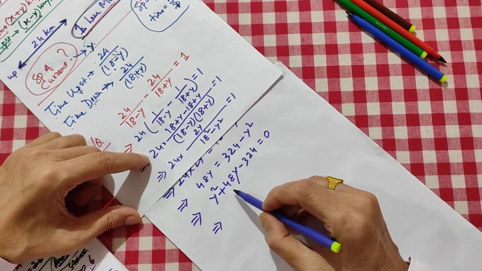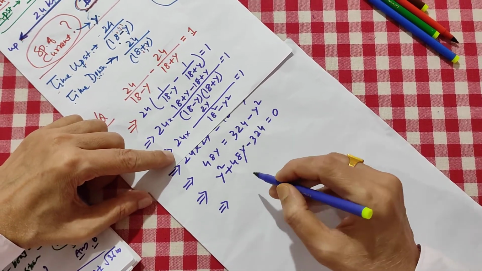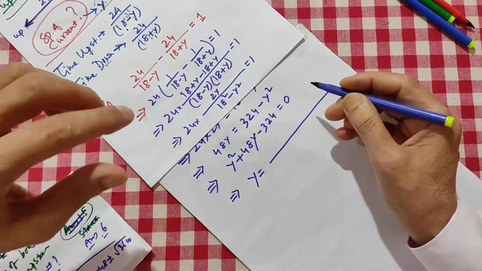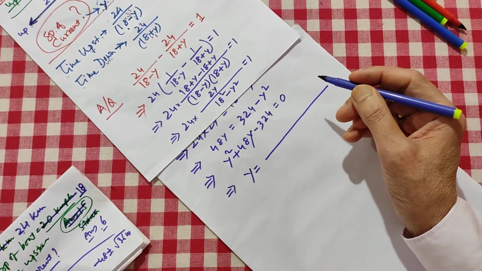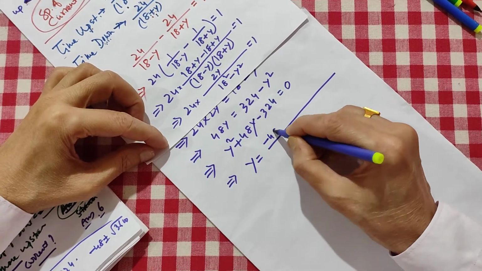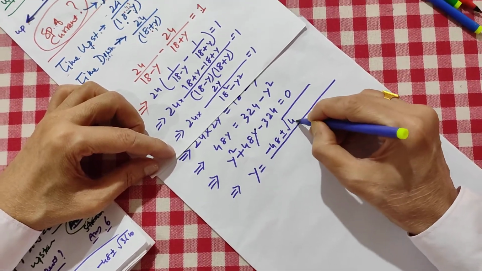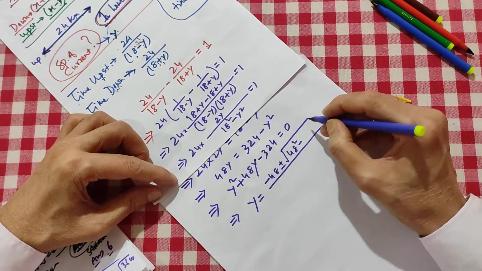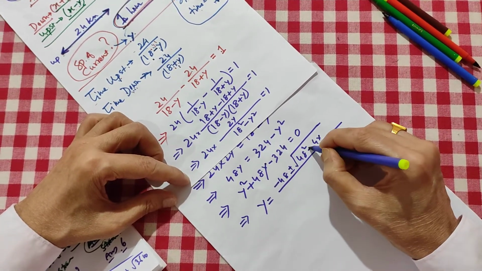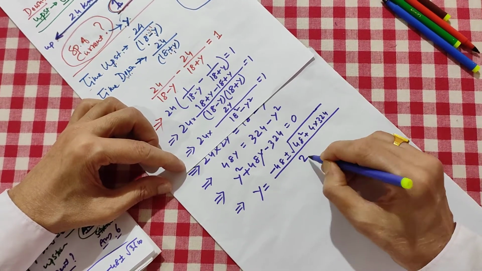Now for this solving part you can use the factorization method or the formula method, whichever you like. Suppose you use the formula: y equal to minus b plus minus root of b square minus 4ac, so it will be plus 4 into 324, over twice a, that is 2.